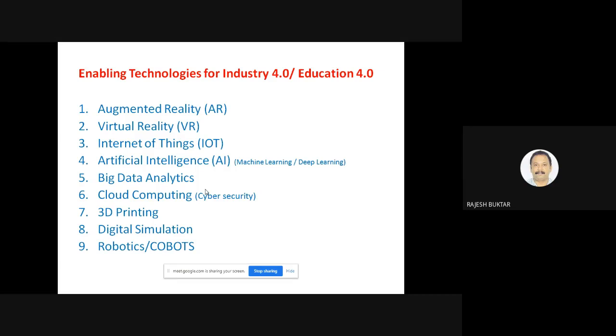Because one clue which I have already given to you, that is connectivity. Connectivity was the missing element till the third industrial revolution. And now all these technologies which are pervasive, they also need to be taught under the umbrella of connectivity. And also we should bother about the convergence of all these technologies and the integration of all these technologies. Because of this integration, they are going to offer huge benefits.